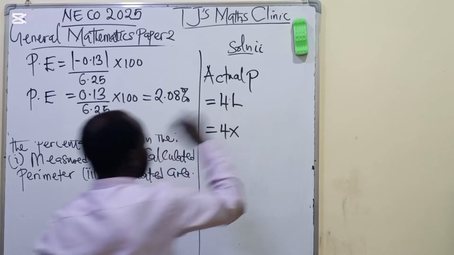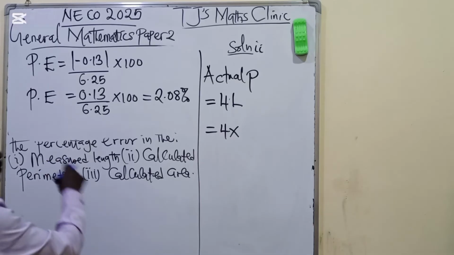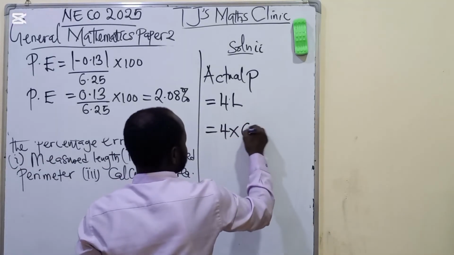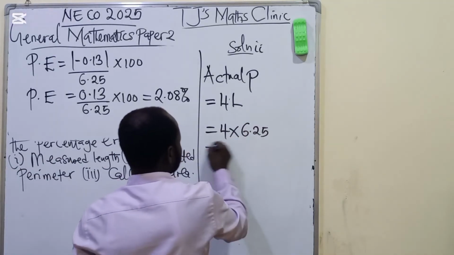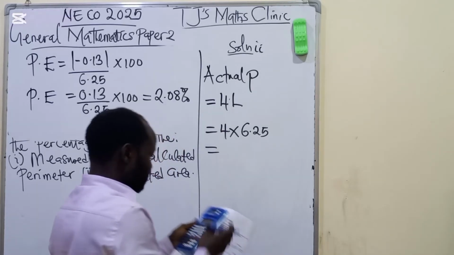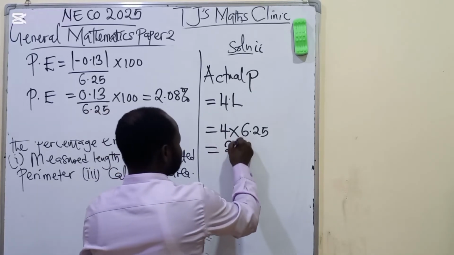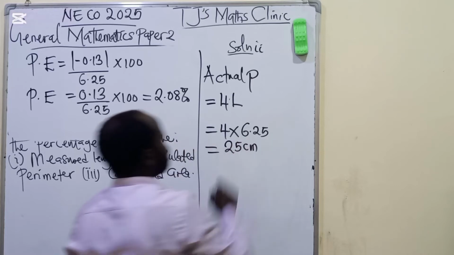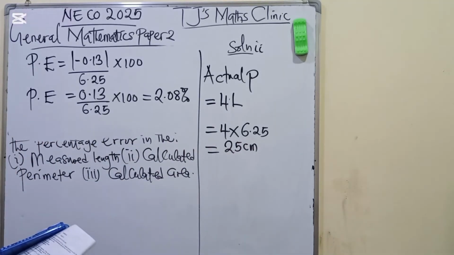That will be 4 multiplied by the actual length, which is 6.25. That will be 4 times 6.25. We have 25 centimeter. So this is the actual perimeter of the square.